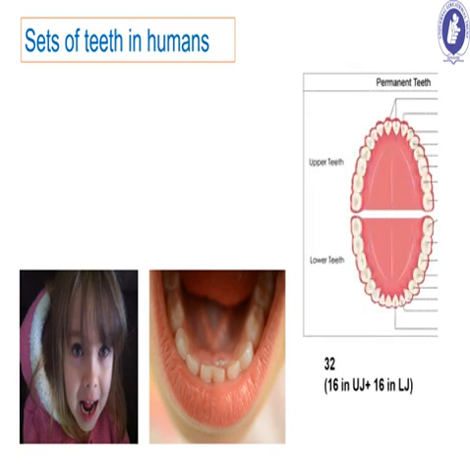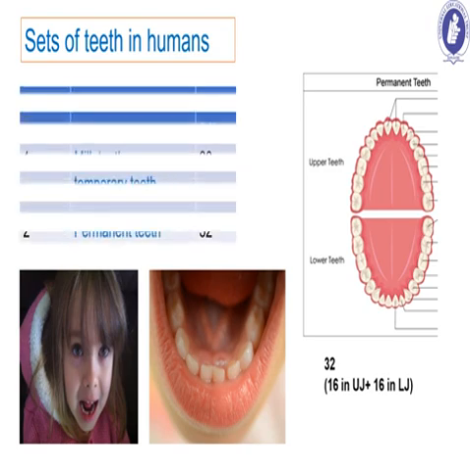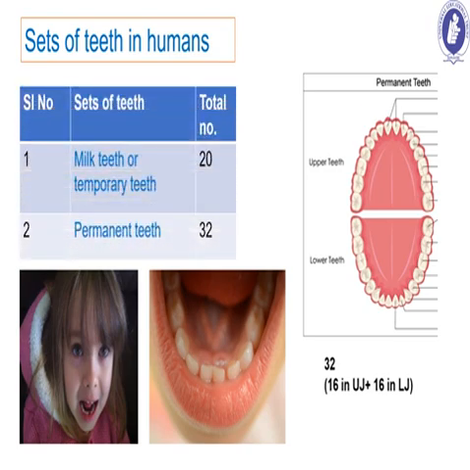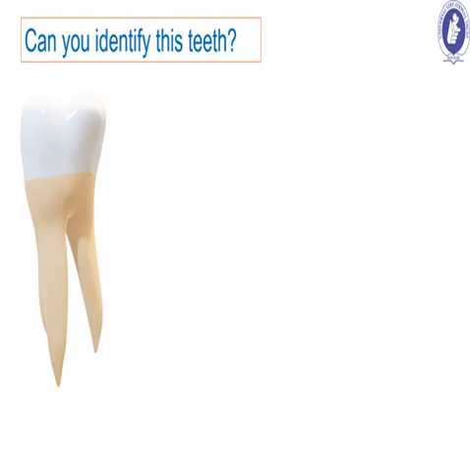So there are a total of 32 permanent teeth, 16 in the upper jaw and 16 in the lower jaw. So the two sets of teeth for humans are milk teeth or temporary teeth, total number 20, and permanent teeth, total number 32.